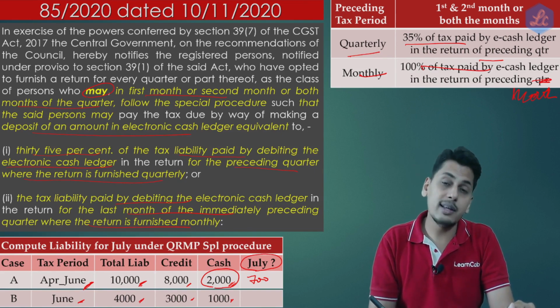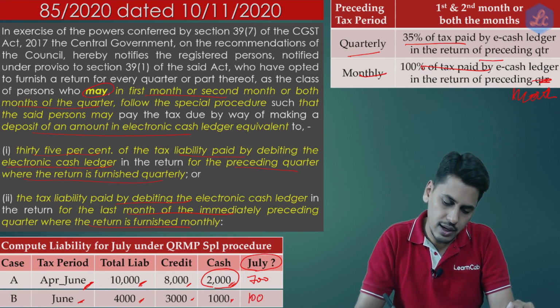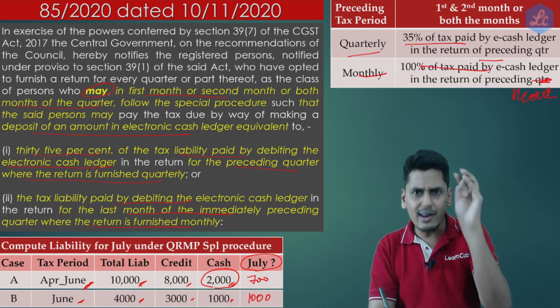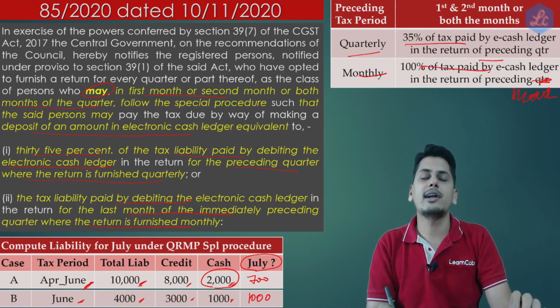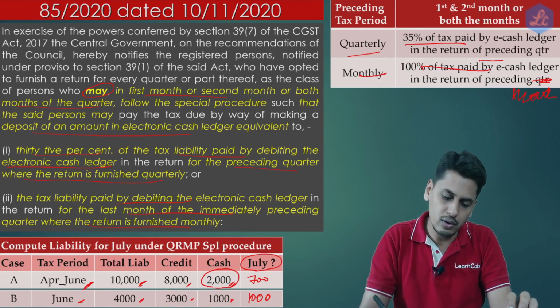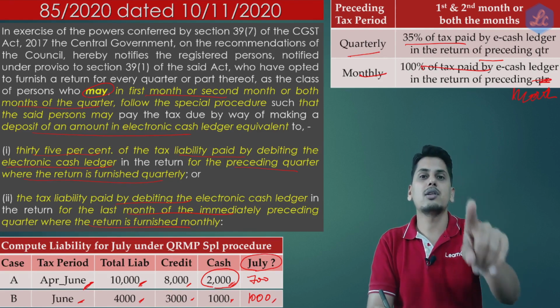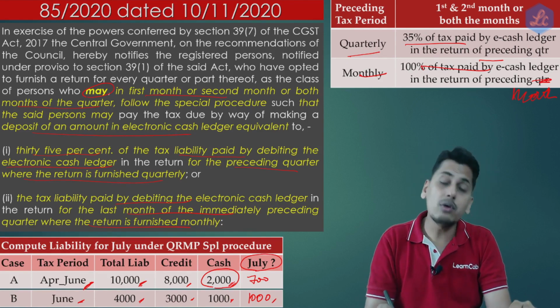So friends, what is the amount which you need to deposit in your cash ledger? It is going to be 100%. Whatever amount was debited in the electronic cash ledger in the return for the preceding month, the same amount you need to deposit in the first month of the quarter under the QRMP scheme. So now friends, you found out this for July.